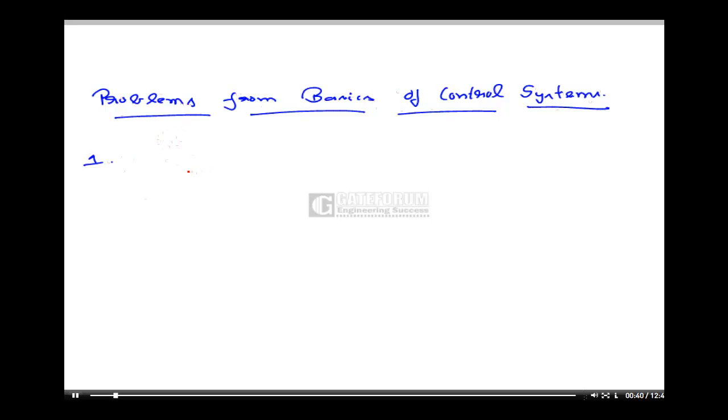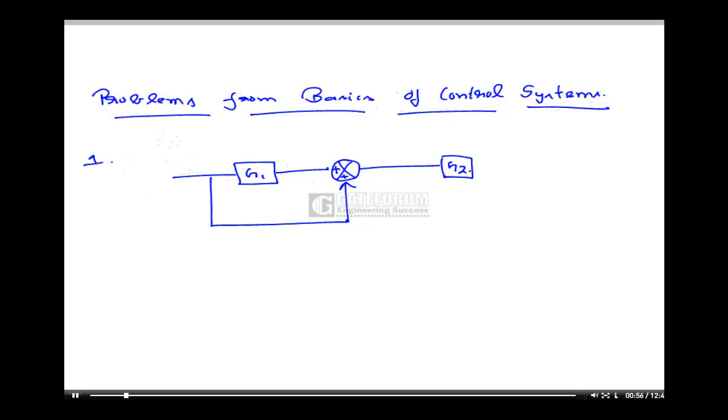Find the overall a single block for this. Solution.